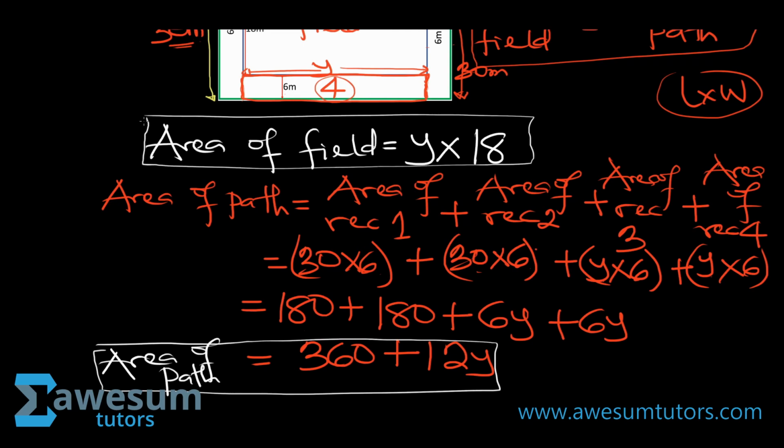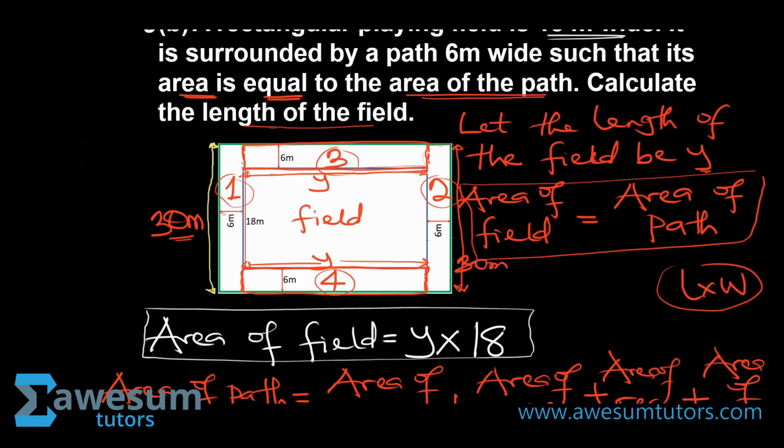But we are not done yet. The question asked us to find the length of the field, and we said the length of the field is y. That means we are looking for y. We want to find y. But take note of that condition that the question gave us.